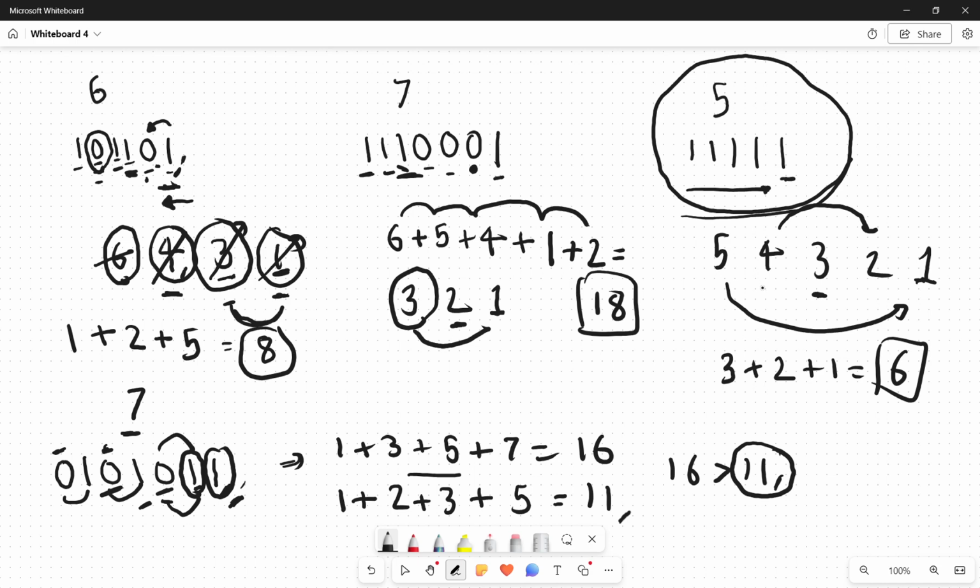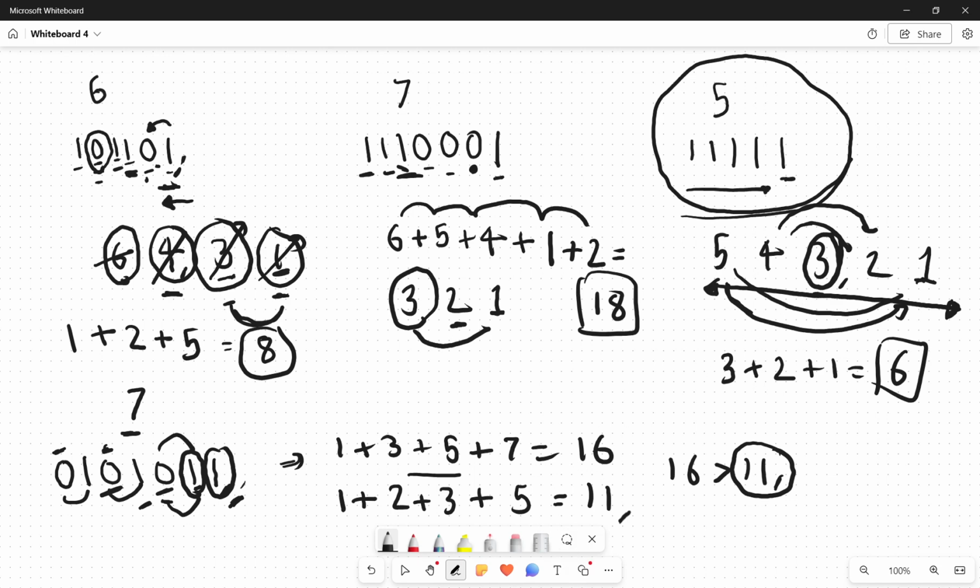5 1 1 1 1, we will move those elements which are in the priority queue to a vector, some helper vector, and then we will group them end by end. So 5 to 1, 4 to 2, and if its size is odd, we will just add it one more time.